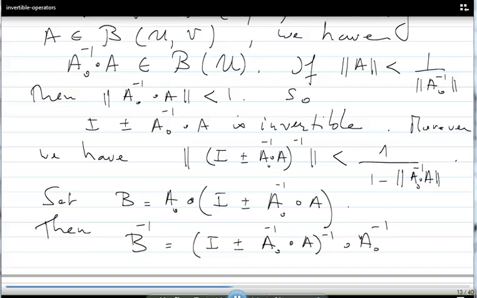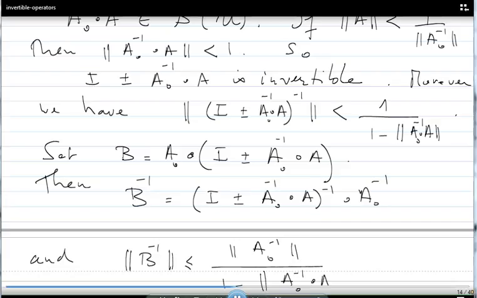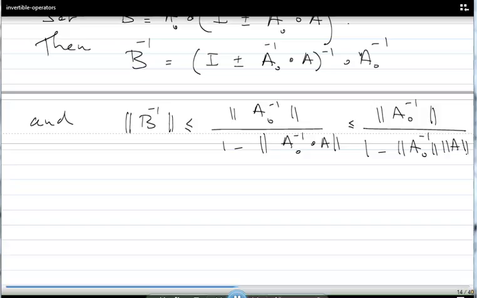And the norm of B inverse is going to be less than or equal to the norm of that inverse times the norm of A0 inverse, which gives the norm of A0 inverse over 1 minus the norm of A0 inverse composed with A. Which is less than or equal to the norm of A0 inverse over 1 minus the norm of A0 inverse times the norm of A, since the norm of A0 inverse A is less than that, so the denominator gets smaller and the fraction bigger. So just a little bit of algebra.